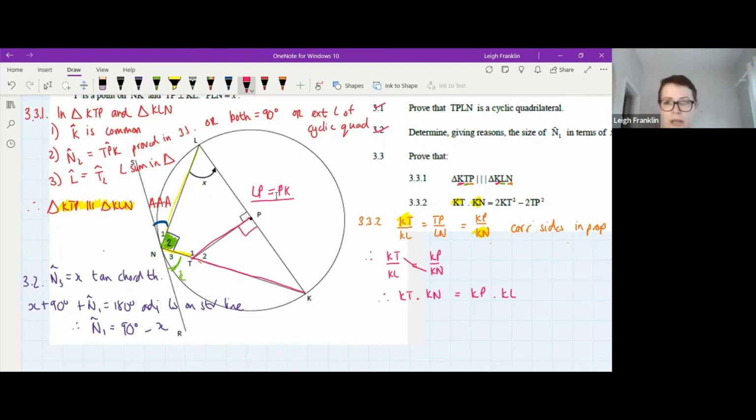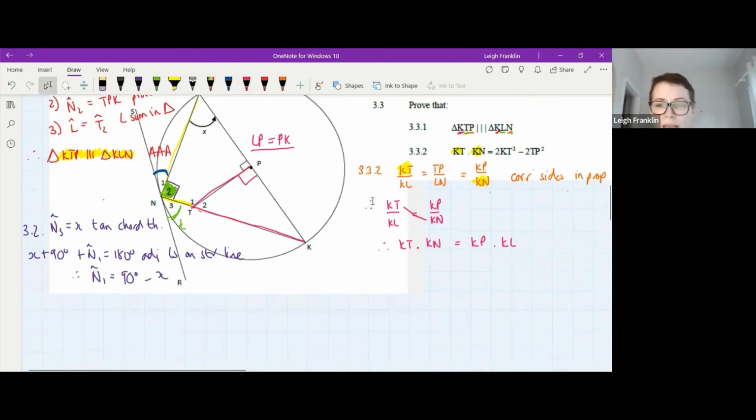Pythagoras, absolutely. So we can see, Matrix, that PK squared or KP squared plus PT squared is going to be equal to TK squared or KT squared because of Pythagoras.